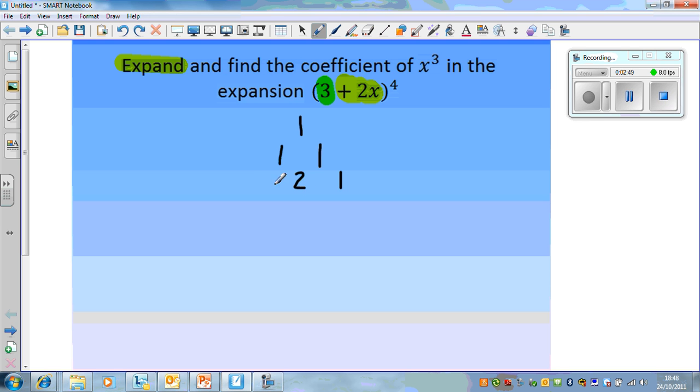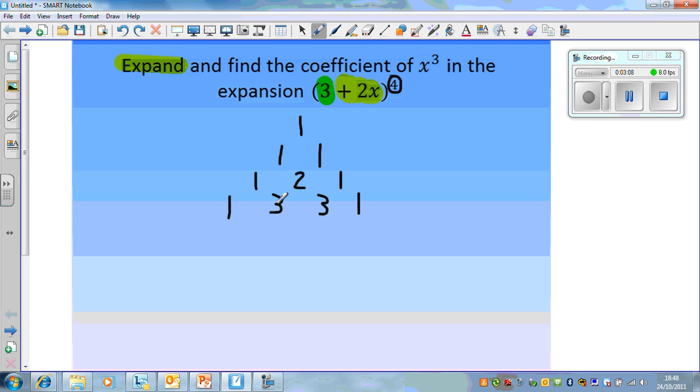and then there's another 1, and there's another 1. Okay, now 1 plus 2 is 3. 2 plus 1 is 3. Tricky math this. Another 1 there, another 1 there. Now here we've got to the power of 4.